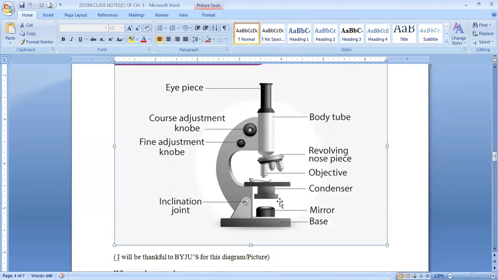Next will be the condenser. It is connected with the stage. This part where the slide is kept is known as the stage. Here you just put the slide. There are clips to fix the slide on the microscope stage.